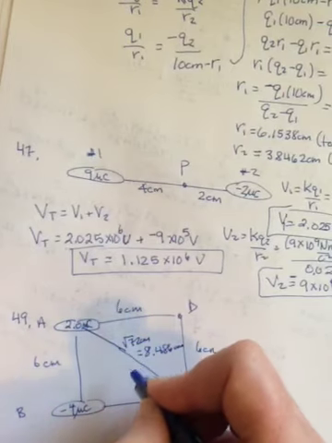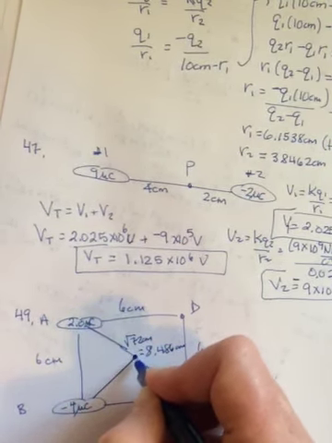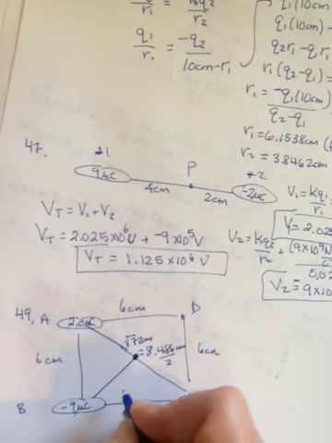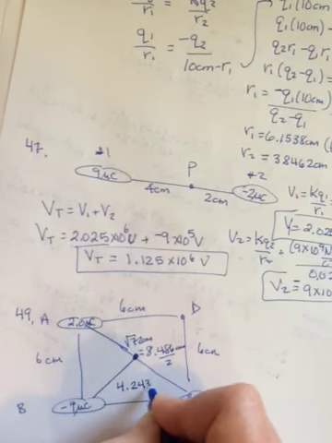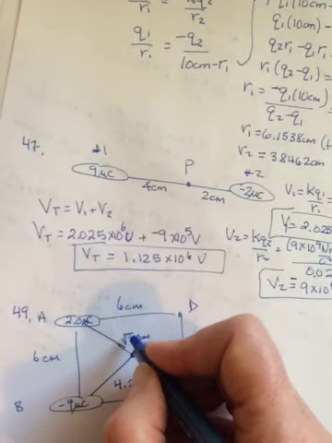But now the question wants to know what's the total potential at the midpoint of the diagonal. So you need to divide this by 2 to find the R's. So it should be 4.243 centimeters. We'll have to change that to meters when we go to use it. It was just easier for me to do it in my head in centimeters.